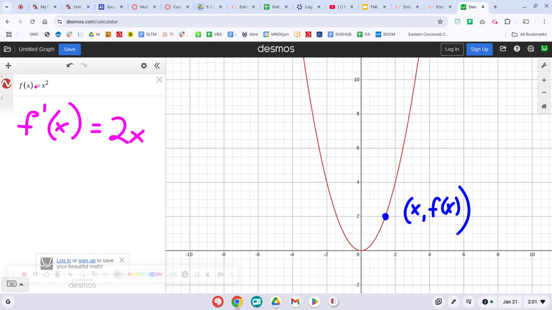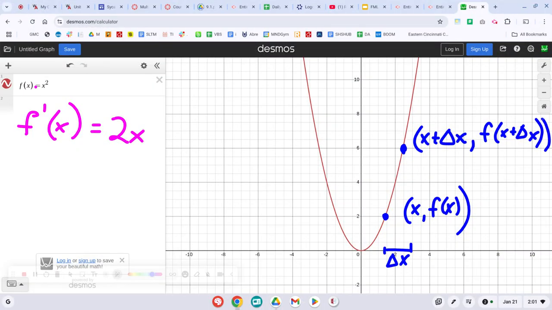And then we're going to add something to that point, and we're going to call that delta x. We're not going to declare how much we're adding. And then that gives us a new point. So this is x plus delta x, comma, f of x plus delta x.